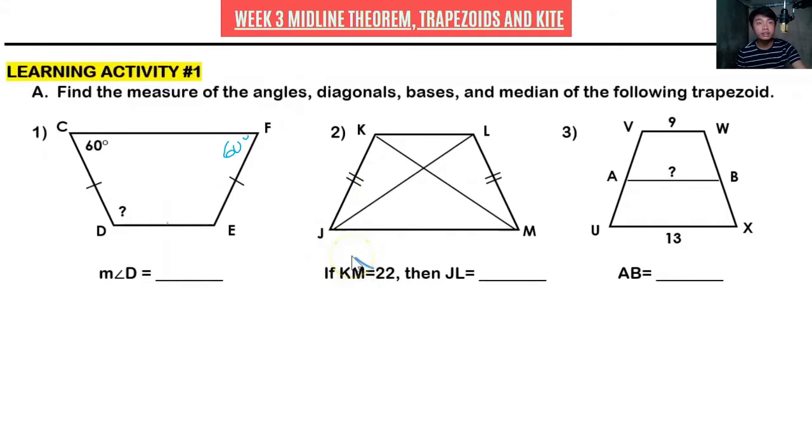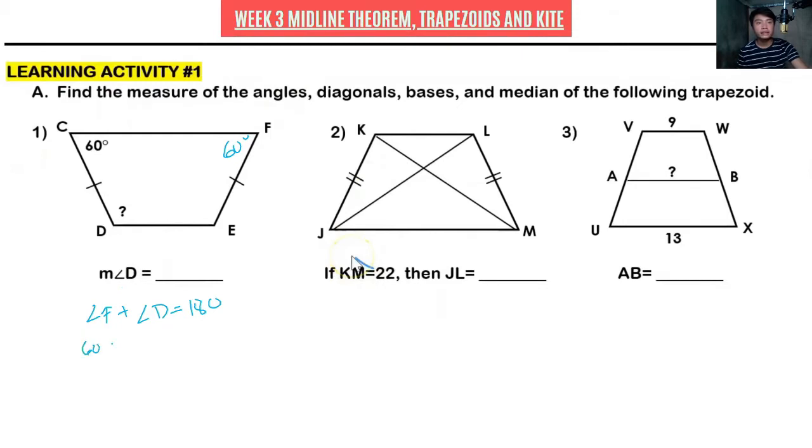So, that is, they are opposite angles are supplementary. Very good. So, supplementary daw sila. Meaning to say, angle F, the measure of angle F, plus the measure of angle D is equal to 180. Nakuha na natin si angle F. That is 60.